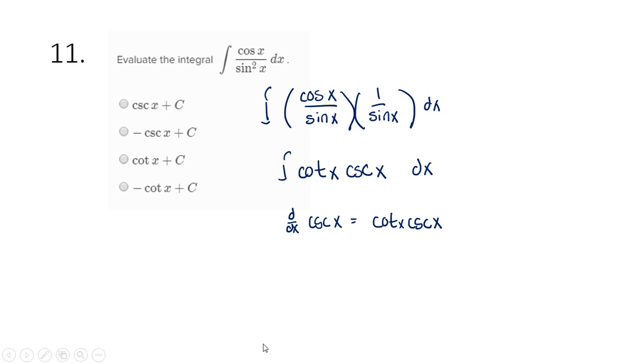Just kidding. It's really negative cotangent x, cosecant x. So that means my answer has to be negative cosecant x plus c, which is this answer.